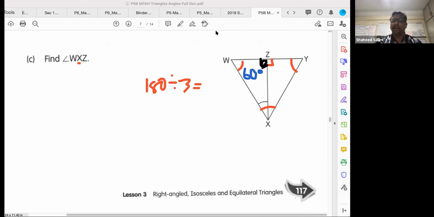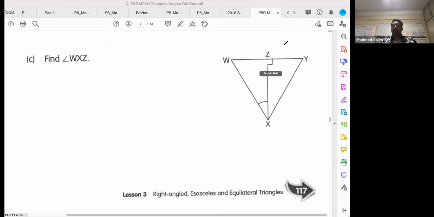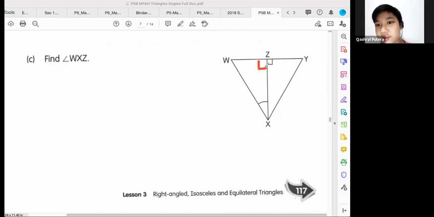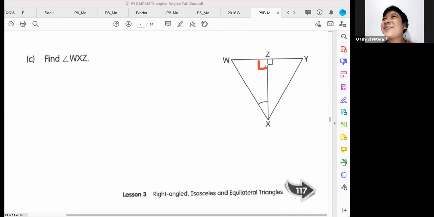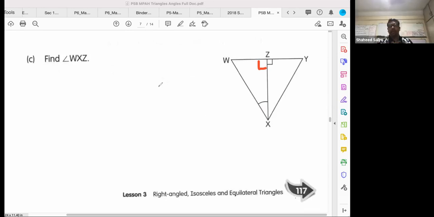Okay, now we're clear. You all know what to do, right? Can you solve it, please? Okay, this one is 90 degrees. Which one is 60? You're correct. This one is 60, right? So can you solve this angle now? How much is this?